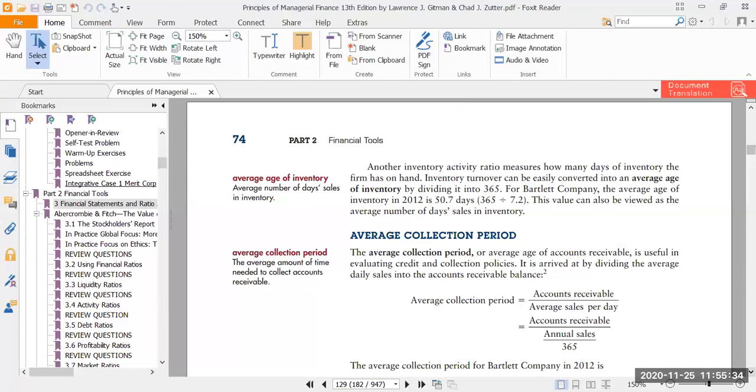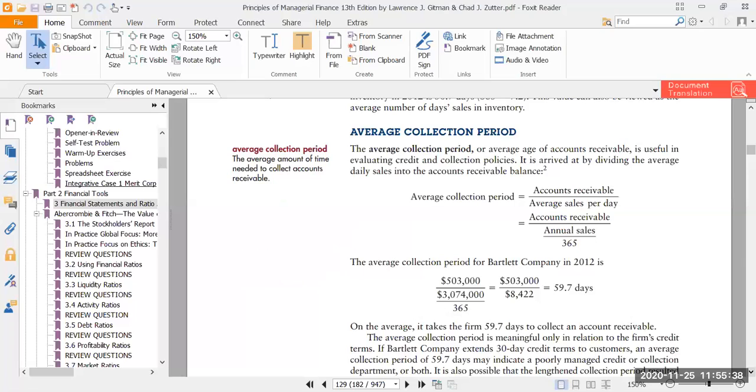Now putting the figures into the formula, $503,000 is the accounts receivable. Again, it is the annual accounts receivable available in the balance sheet, and now we are going to divide it by the resulting figure of $3.074 million divided by 365, which results in the average daily sales or sales per day.